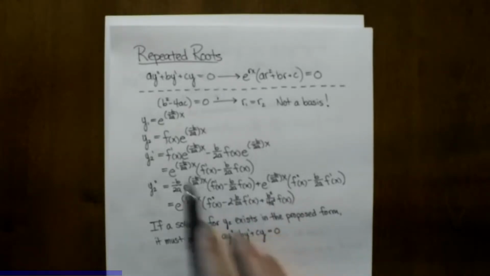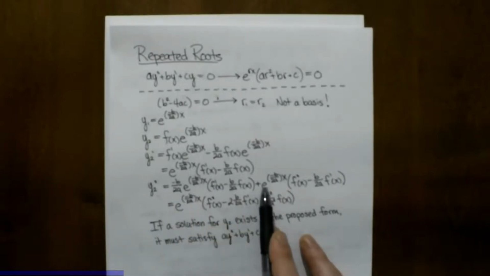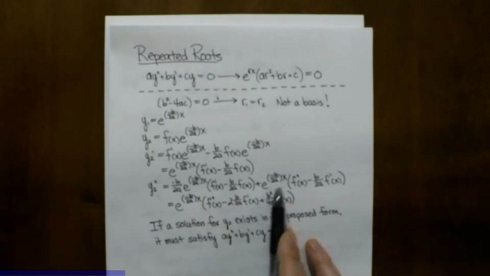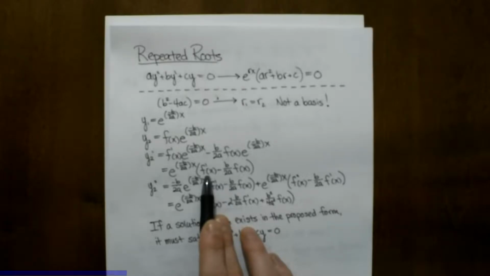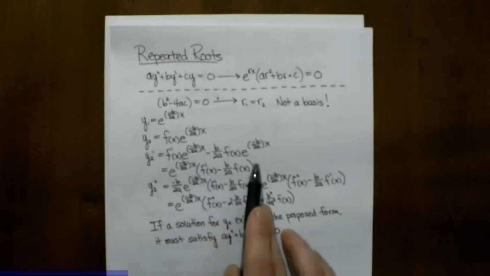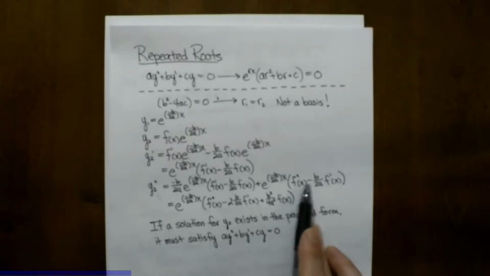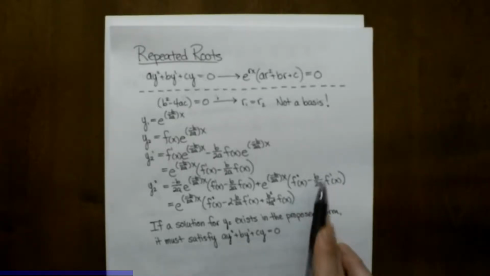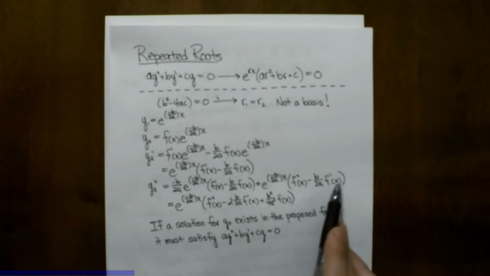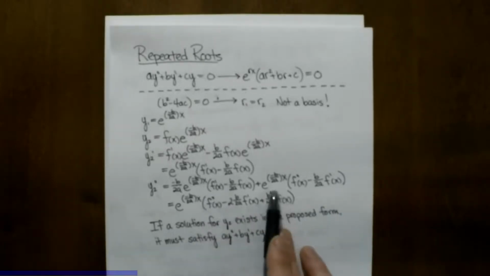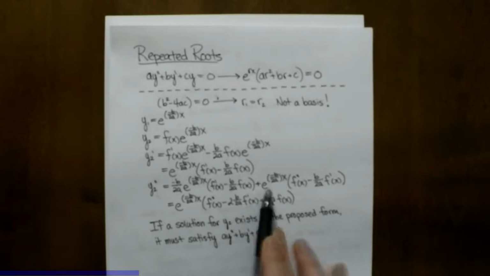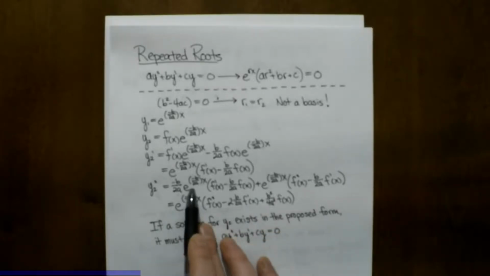And then, of course, leaving this one alone this time, we have e to the negative b over 2a x. And performing the derivative on this part this time, we're left with f double prime of x minus b over 2a times f prime of x. And grouping, you can see each of these is multiplied by this exponential, so we can factor that out again.